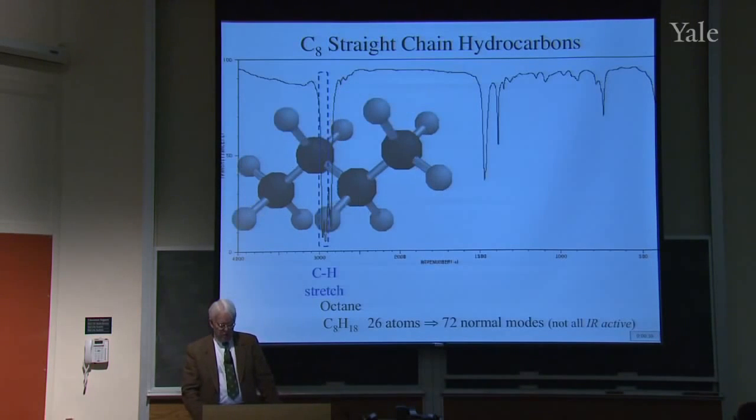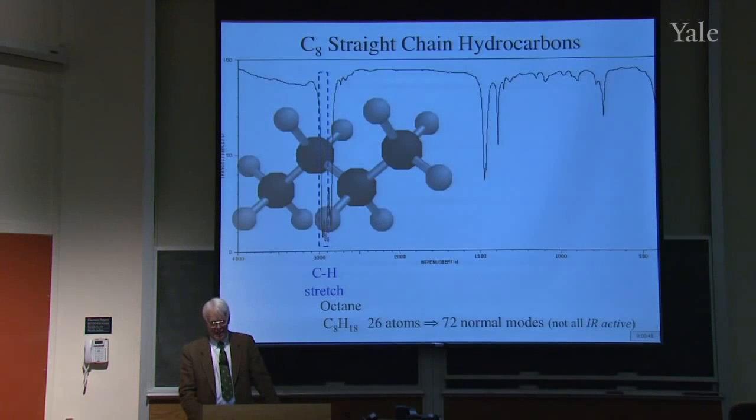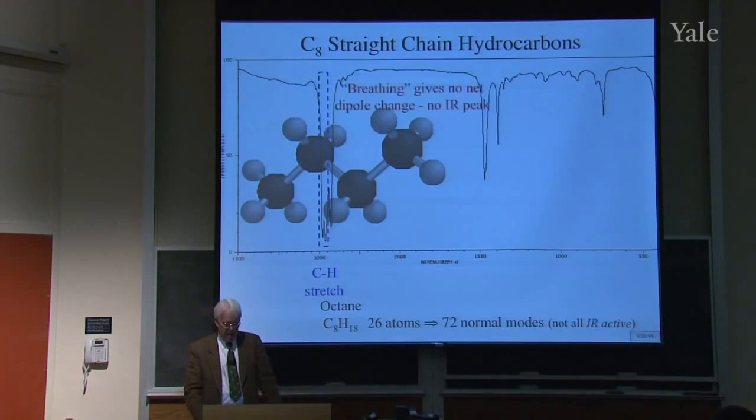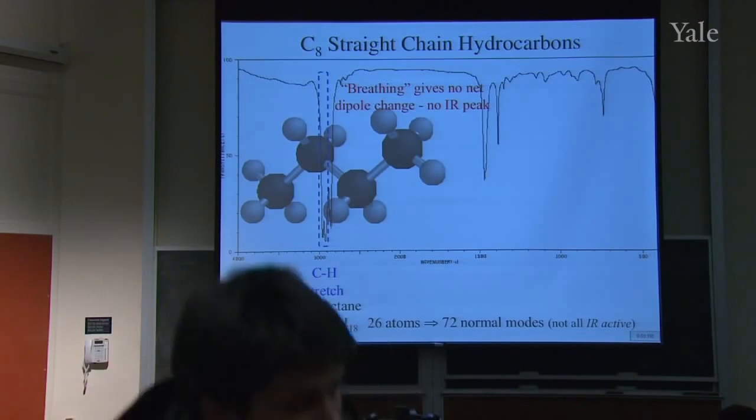Okay, so those were CH stretches. There are other CH stretches like this one, which are sort of a breathing of the hydrogens, which don't change the dipole moment. Therefore, light has no handle on it, and that doesn't appear in the IR spectrum. Okay.